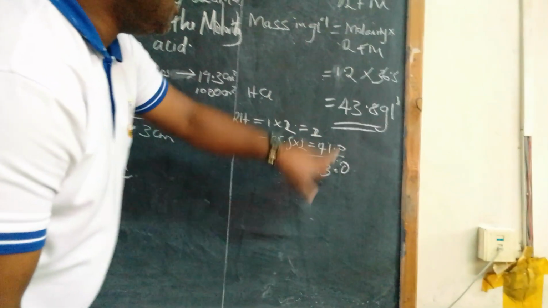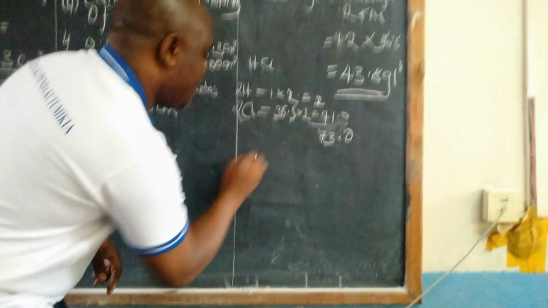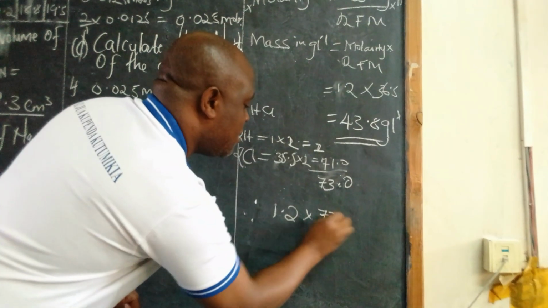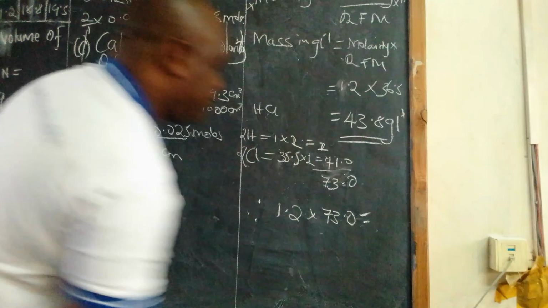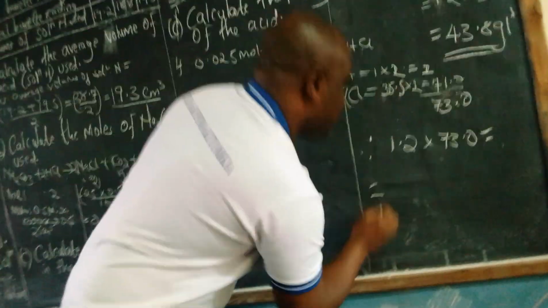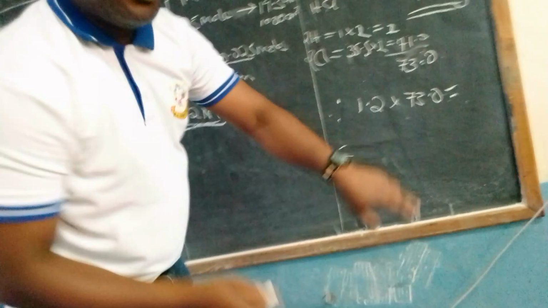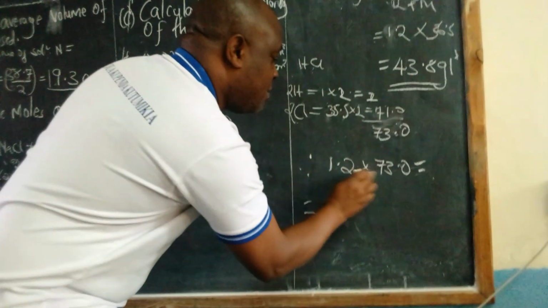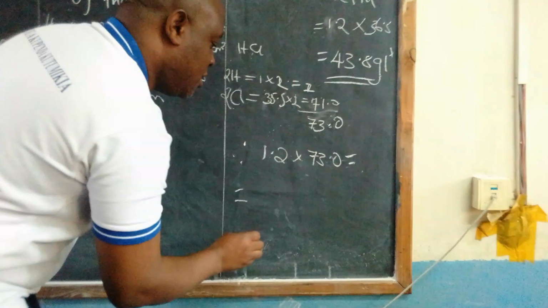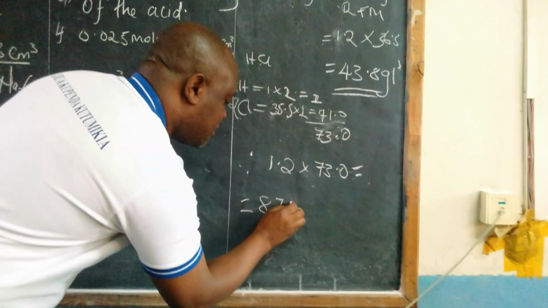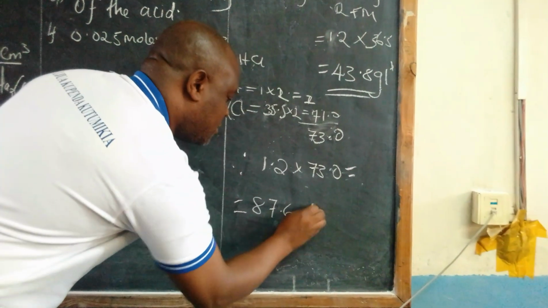So we take this 73.0 and say, therefore, 1.2 times 73.0 is equal to... so we just take our calculator very fast. 1.2 times 73.0 is going to be 87.6. 87.6, right? Yes, grams per liter.